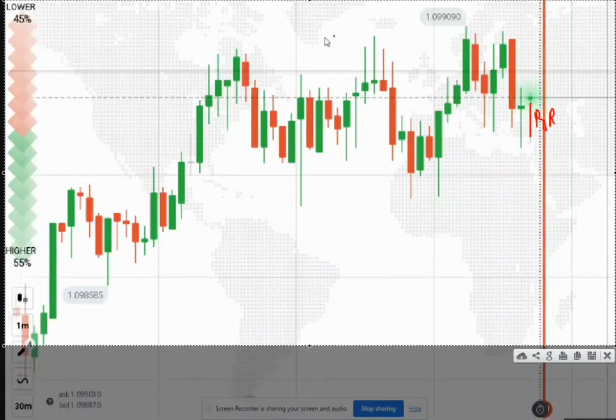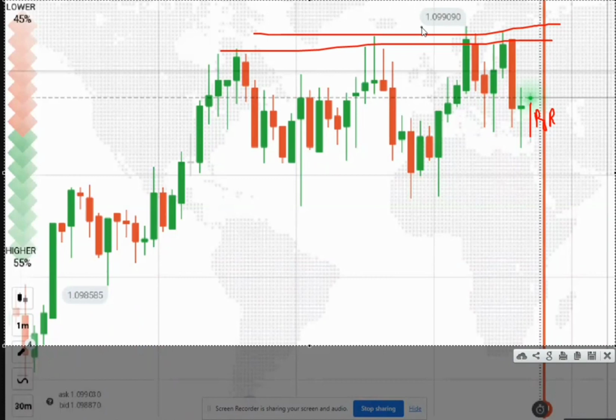So the next level is still here where we expect sellers to enter. But whenever you are trading binary options, always observe the many key levels like support, resistance, supply, and demand. Also observe the fair value gap, FVG.